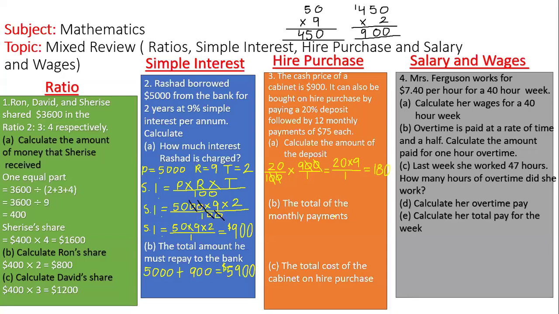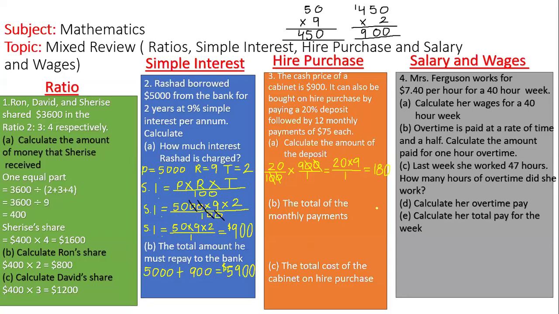Now the total monthly payments, it's going to be what? 900. How did y'all get that? 75 times 12.